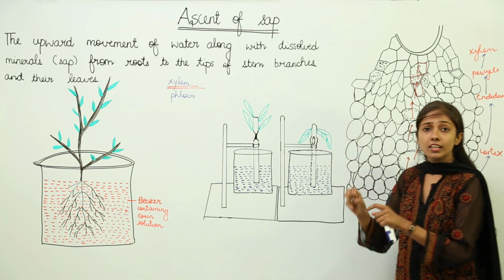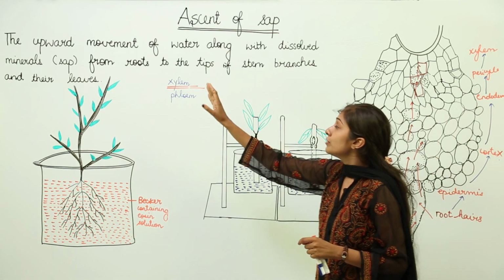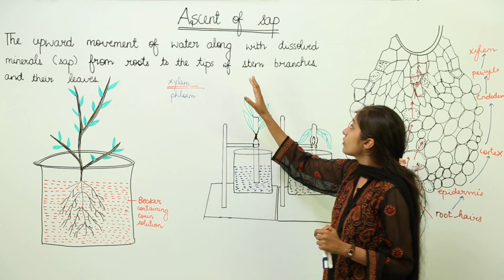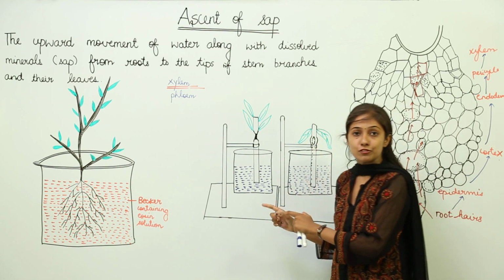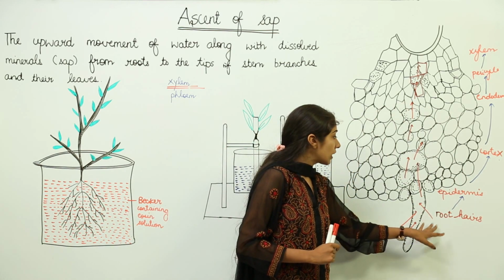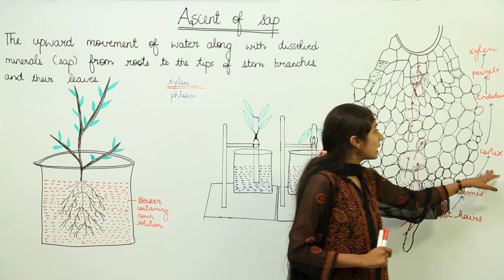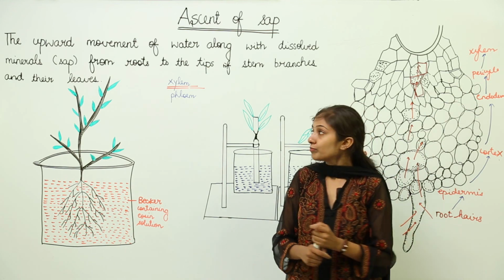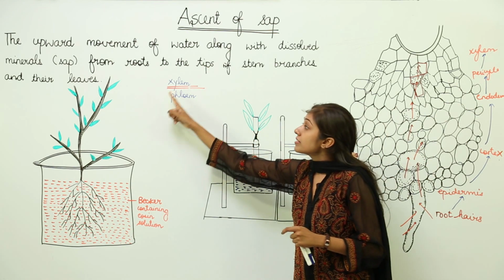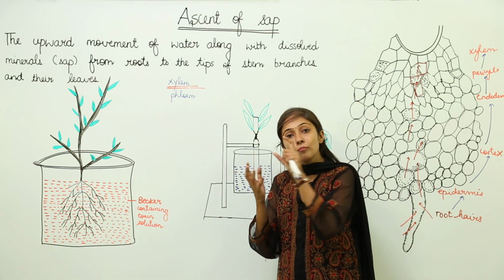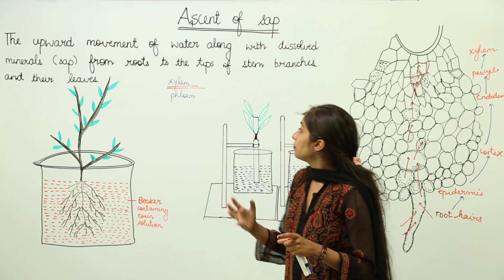So, let us recall, what is ascent of sap? The upward movement of water along with dissolved minerals, or sap, from roots to the tips of stem branches and their leaves. Now, what is the path of ascent of sap? The sap enters the root hairs, then the epidermis, then the cortex, then the endodermis, then the pericycle, and then the xylem. And remember, the phloem is the tissue responsible for the transportation of food from the leaves to all the parts of the plant, right?